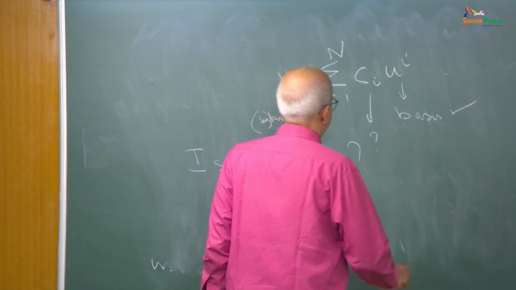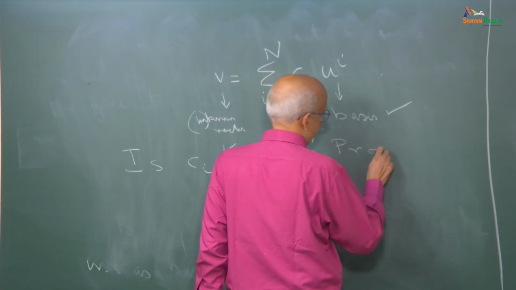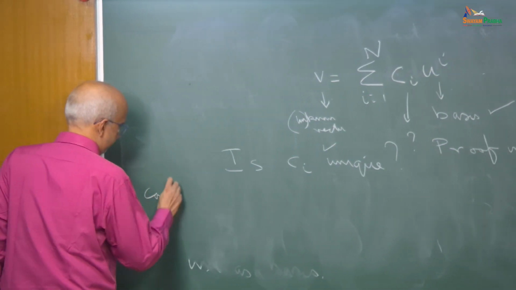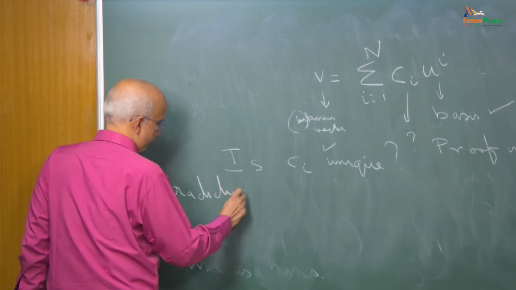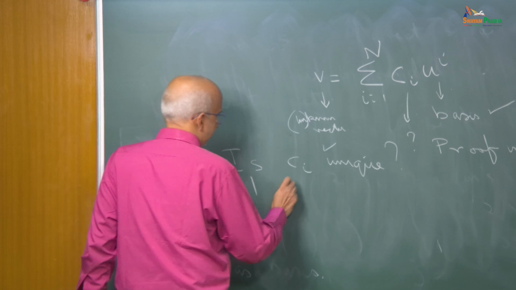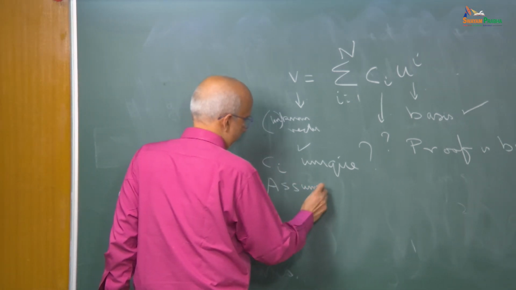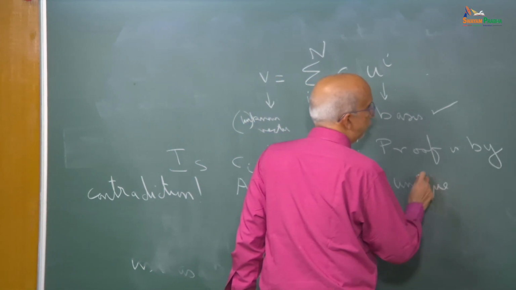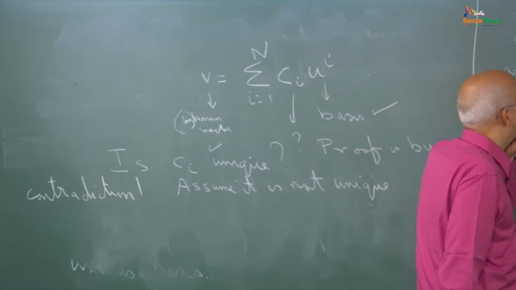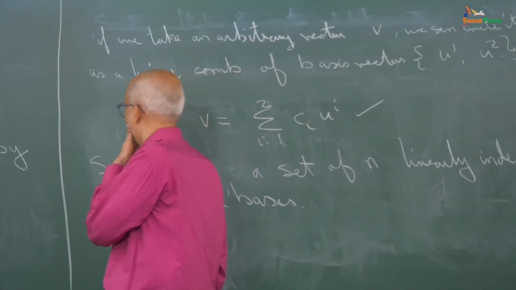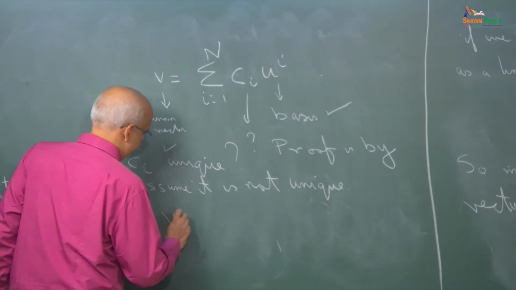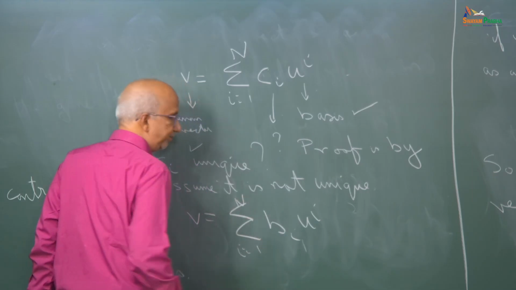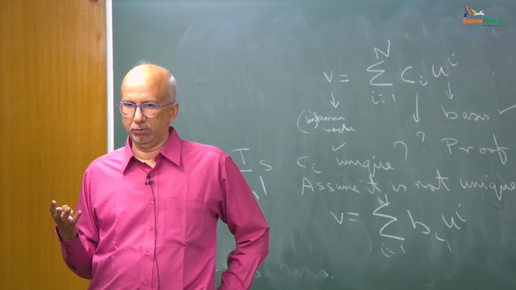Then I can have V equals sigma Bi ui for i equals 1 through n. Some other coefficients exist.